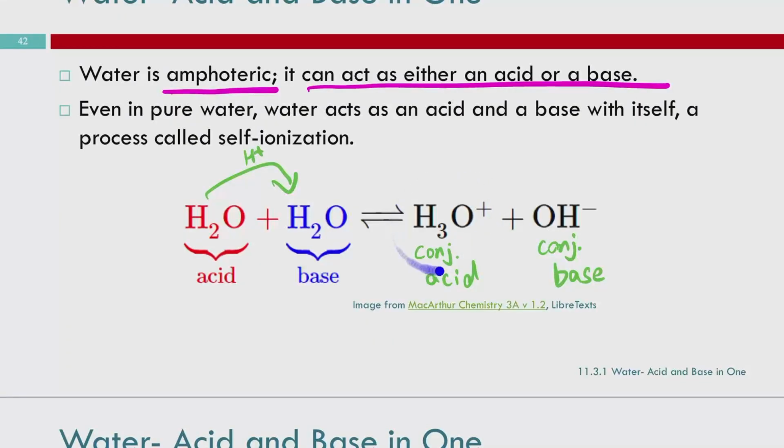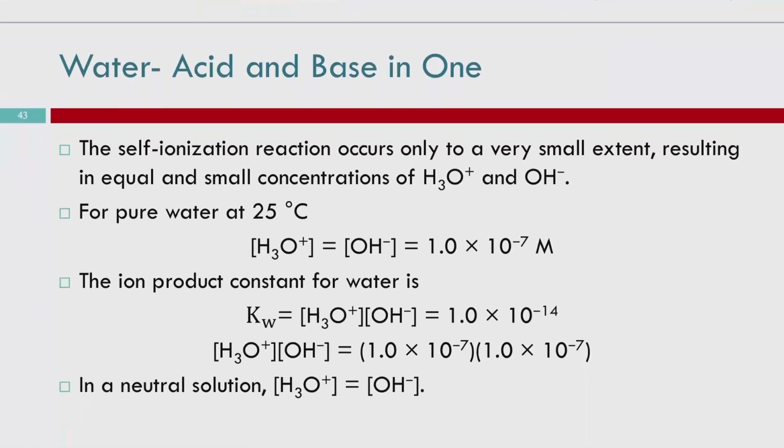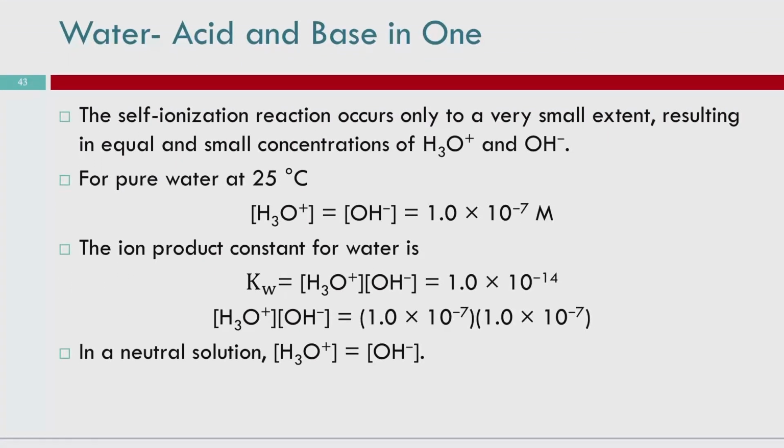So there will be a small amount of H3O+ and a small amount of OH-, equal amounts, just with water. That self-ionization occurs to a very small extent, and it gives us equal concentrations of H3O+ and OH-, because they're both coming from water.